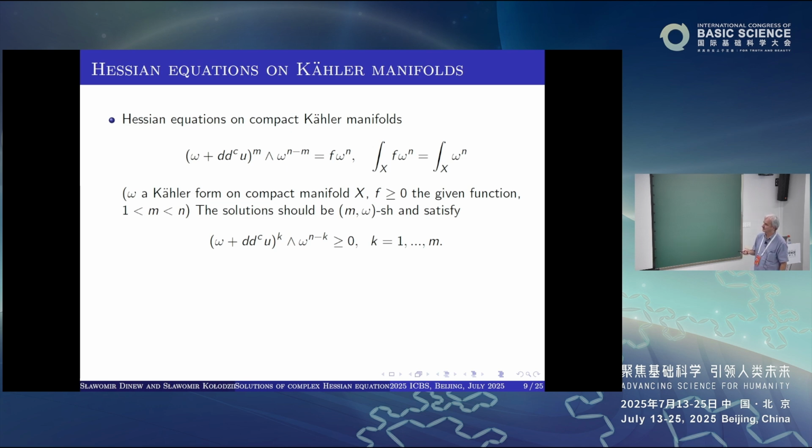This omega is the Kähler form on X. F is a given function, and we look for solutions now, not m-subharmonic, but m-omega-subharmonic functions, which by definition satisfy those inequalities. And we want to find u for given F.